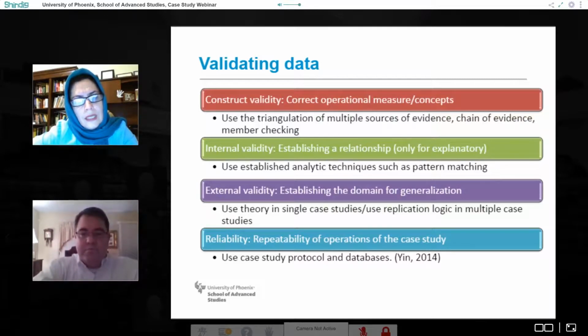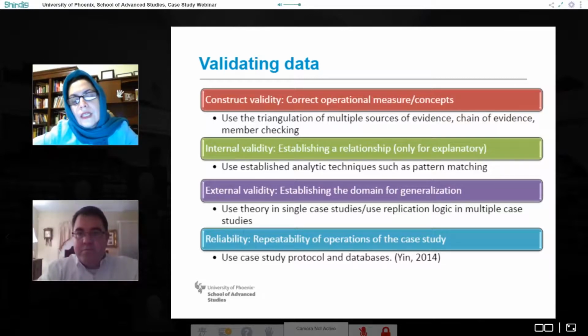Asking the participants, sometimes you can send back the collected data and ask them to review it, making sure that what you collected from them is what exactly they meant. So that's one way of keeping up with this construct validity.